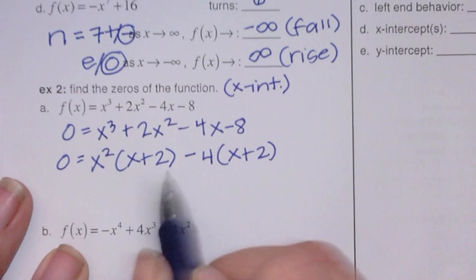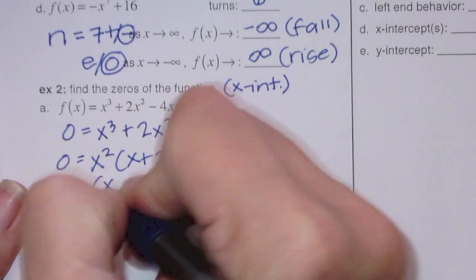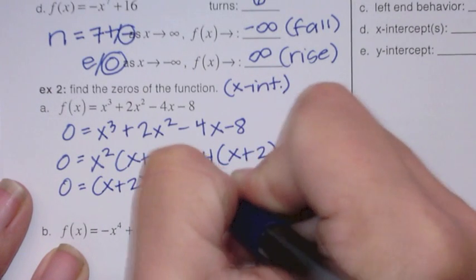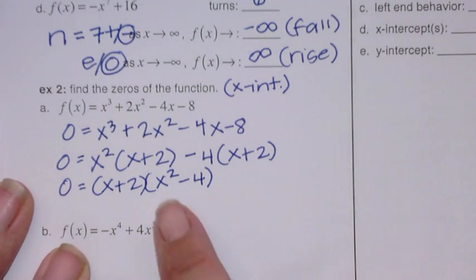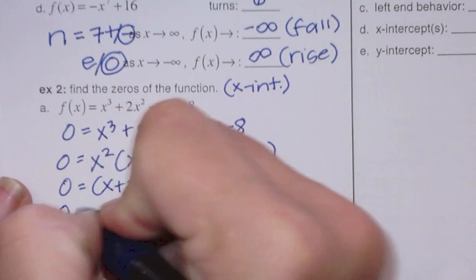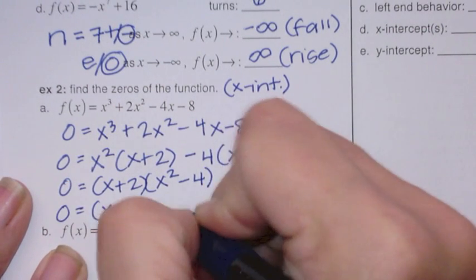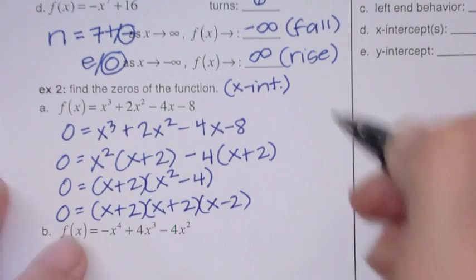And now you can see both terms here have an x plus 2 in common. So I'm going to pull out that x plus 2, and my other factor that's remaining is x squared minus 4. This is a difference of squares, so I'm going to go ahead and factor that. x plus 2 times x plus 2 times x minus 2.